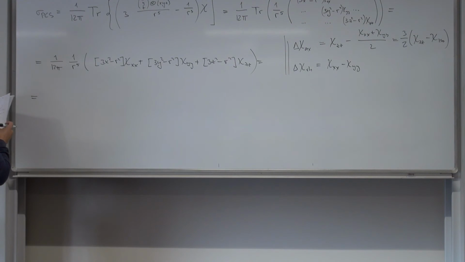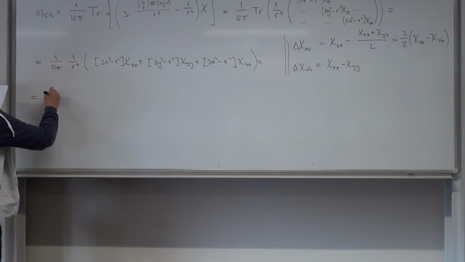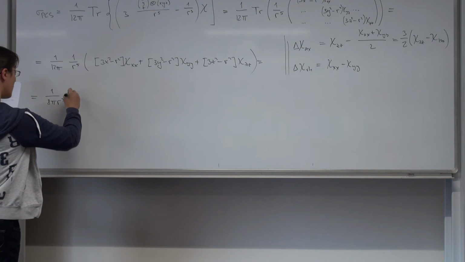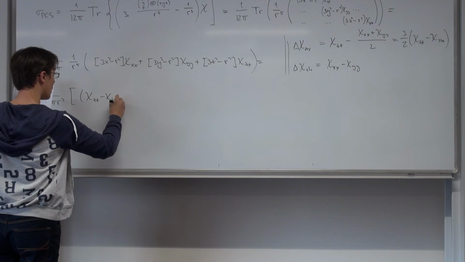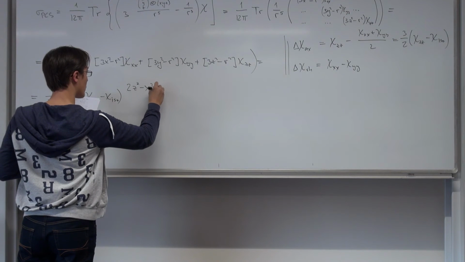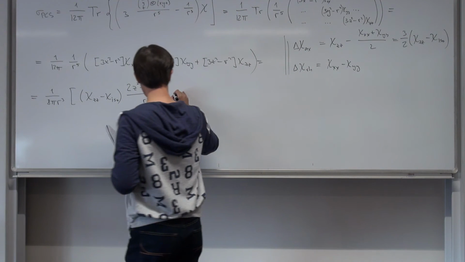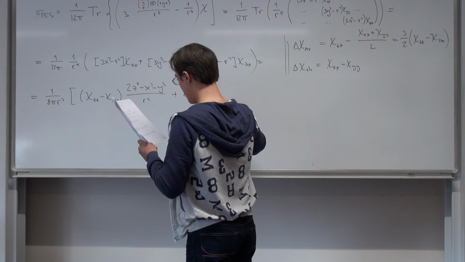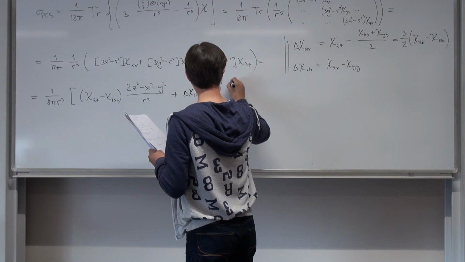So we can observe, by just doing bracket reordering in here, that this is 1 over 8 pi r cubed, chi zz minus chi iso times 2z squared minus x squared minus y squared over r squared, plus delta chi rhombicity times x squared minus y squared over r squared.